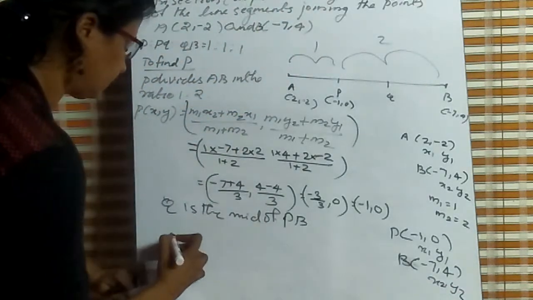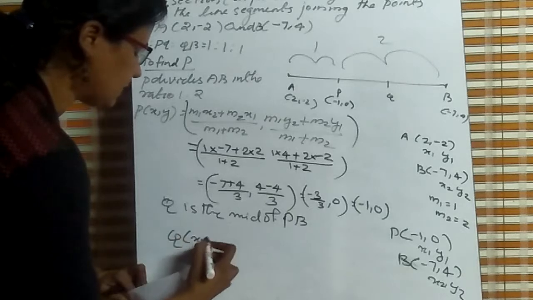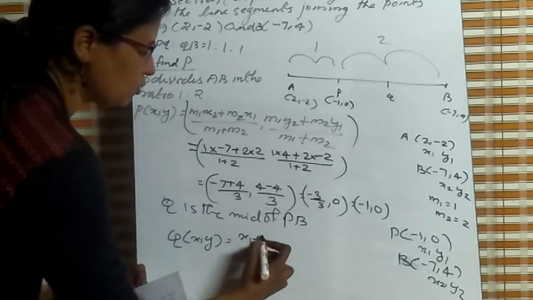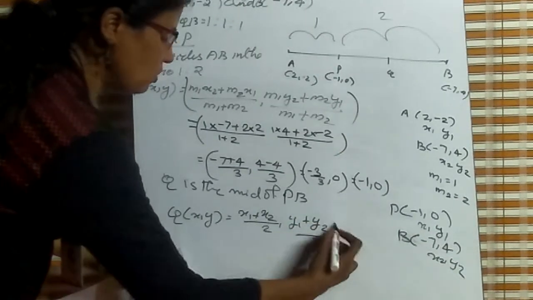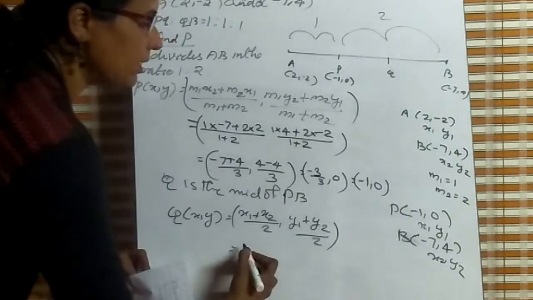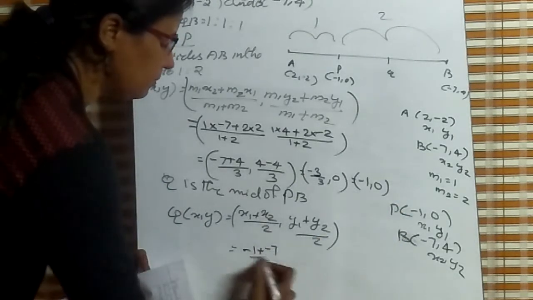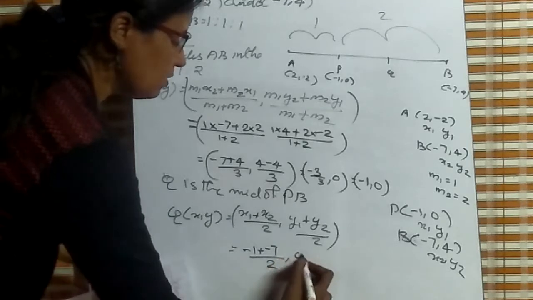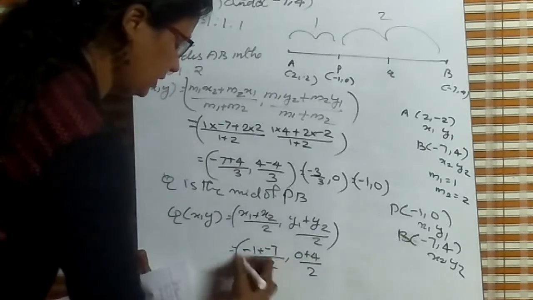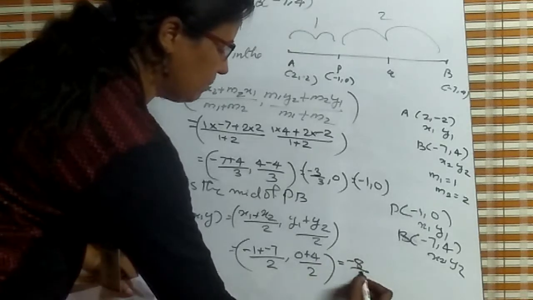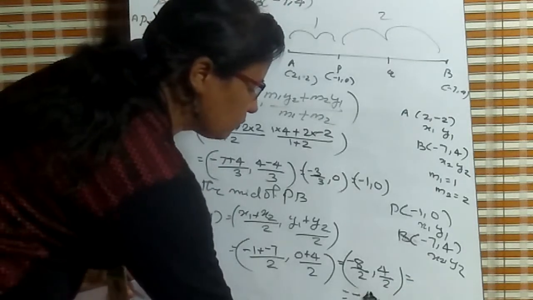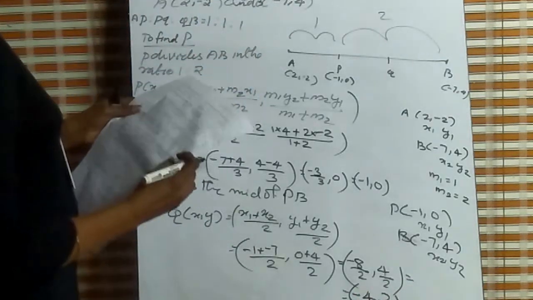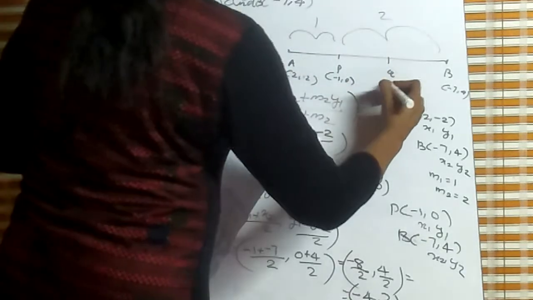Midpoint formula: Q(x, y) is (x1 + x2) by 2, (y1 + y2) by 2. So, (-1 + -7) by 2, (0 + 4) by 2, which is -8 by 2, 4 by 2, equals -4, 2. So, Q is the point (-4, 2).